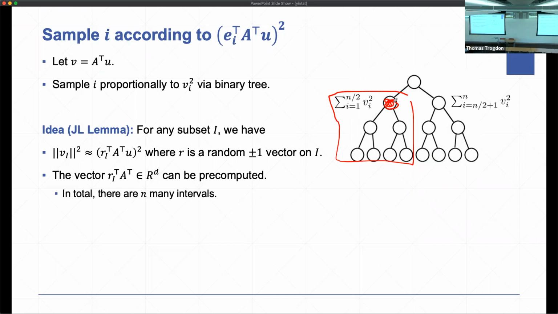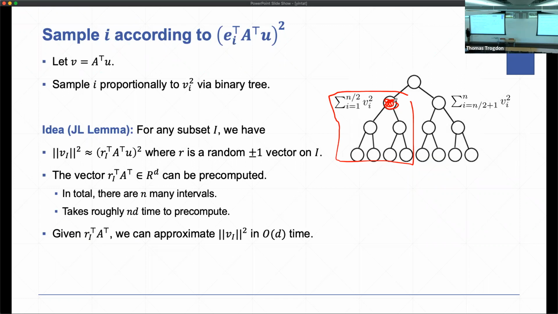And you can check the total running time of those precomputations without using any trick will be just ND, because all those vectors have different size supports, and for most of the intervals, the support size is very tiny. So you can sum them up; they are still quite small.